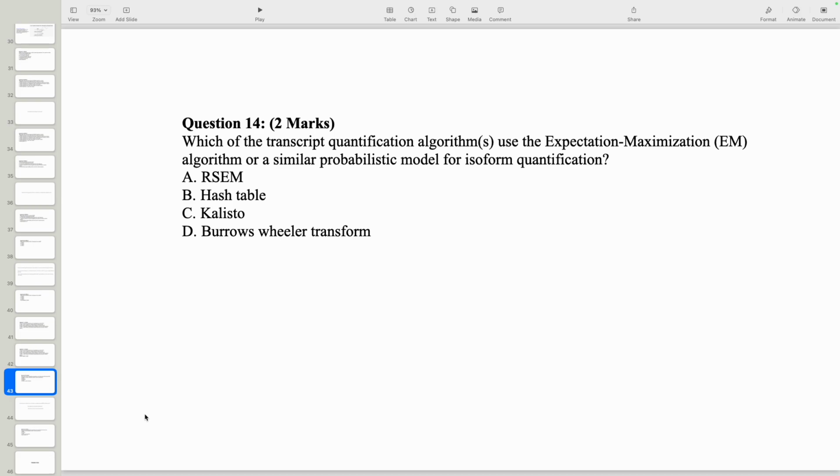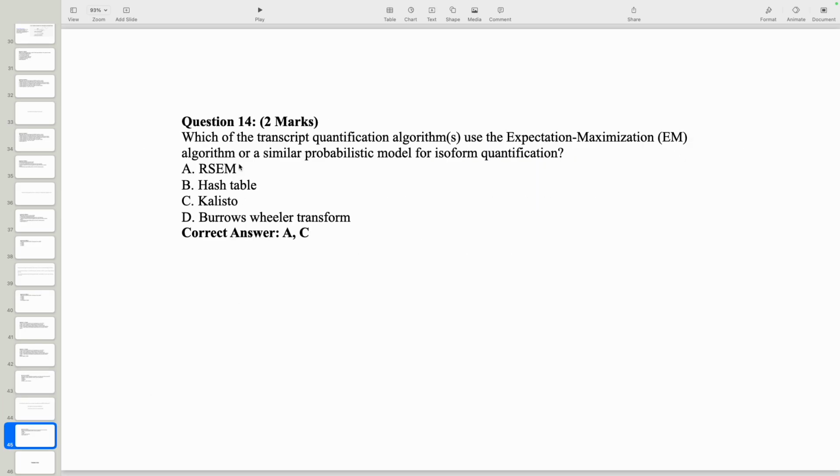There are tools based on these particular algorithms. One of the algorithms is expectation maximization. So we want to answer what tools use this algorithm. The correct options are A and C. These are the tools for transcript quantification which use this expectation maximization algorithm.